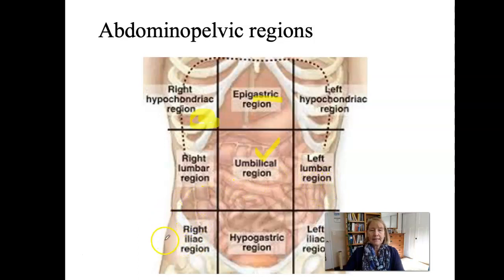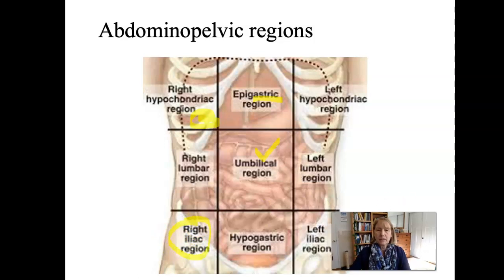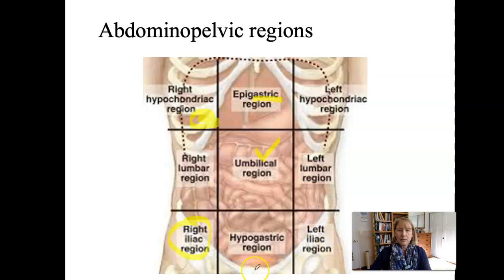And then iliac, we'll see the bones that are here later on, the iliac bone, and it'll make more sense to you. And left iliac, which are part of the hip bone. So that's where that name iliac comes from, the bone of the hip. And then below gastric. So epi around the stomach, below the stomach, and in between was the umbilical.